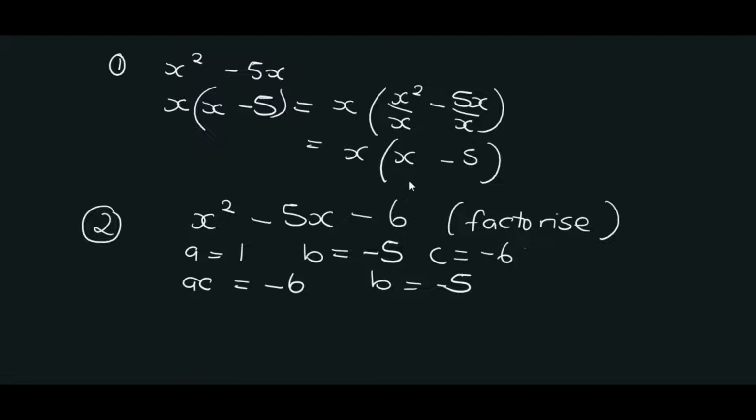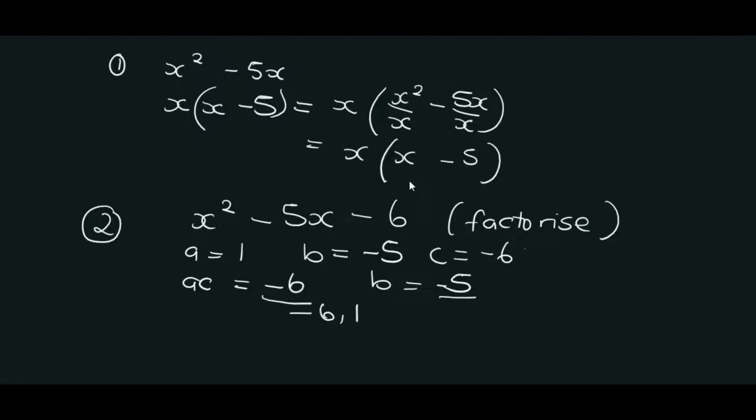So to factorize this expression, what we do is we find 2 numbers that if we multiply, they give us minus 6. And then if we add, it gives us minus 5. So what are those numbers? Okay, so I would say that is minus 6 and 1. Minus 6 multiplied by 1, we get minus 6. Minus 6 plus 1, we get minus 5.